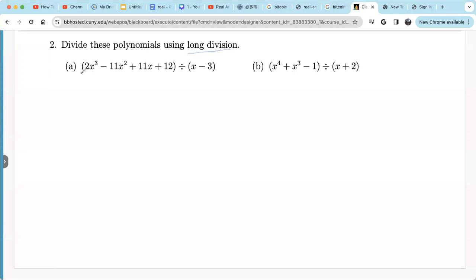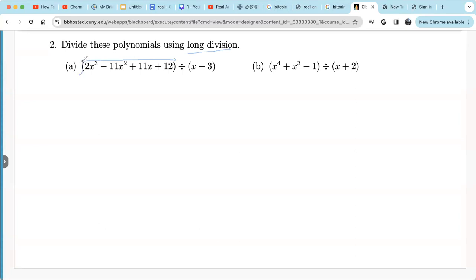If we write it as a fraction with the divisor as the denominator, that won't help us unless we can factor the numerator. If we can factor the numerator, we may do that, but let's do long division, because we don't know if this one is factorable, probably not.